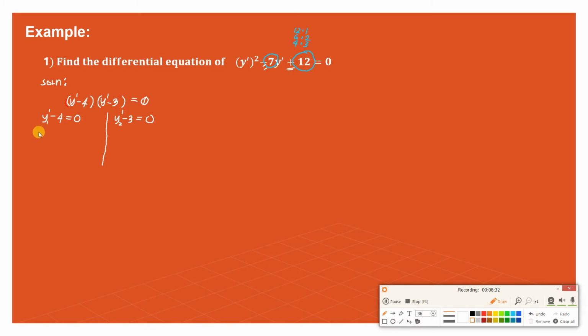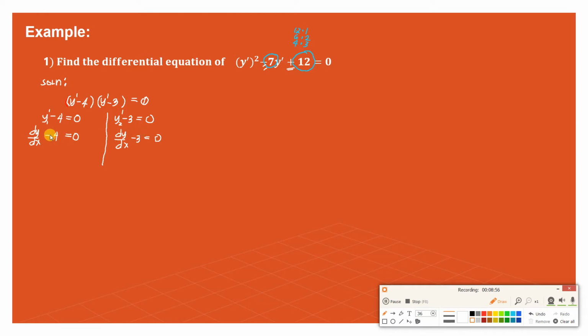So y prime can be replaced as dy over dx. dy over dx minus 4 equals to 0. Ay yung kabila naman, dy over dx minus 3 is equals to 0. So para lang ring babalik tayo doon sa separation of variables.